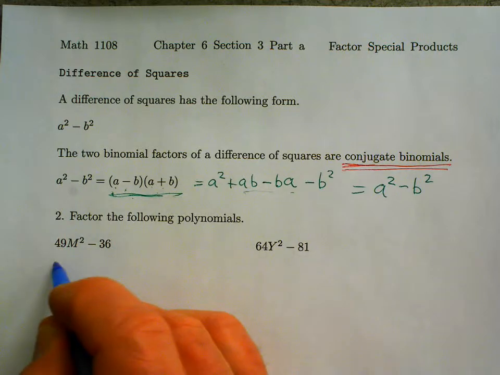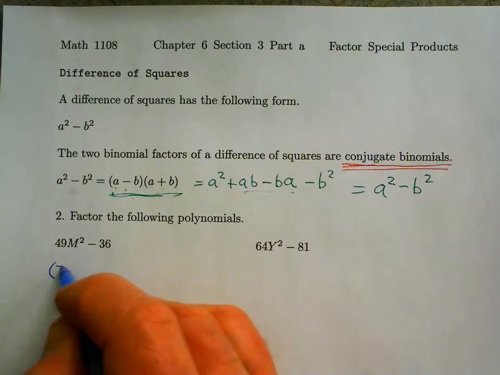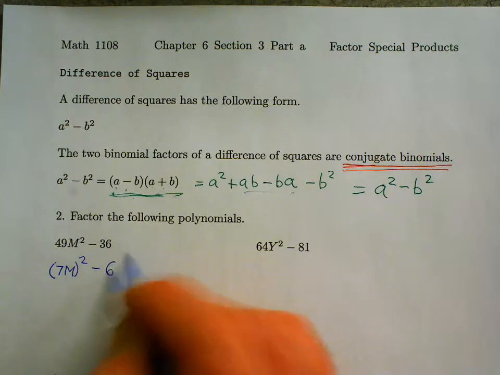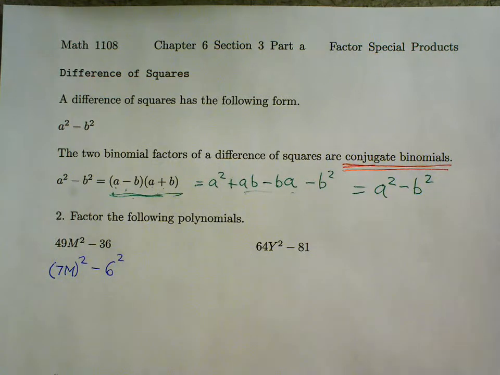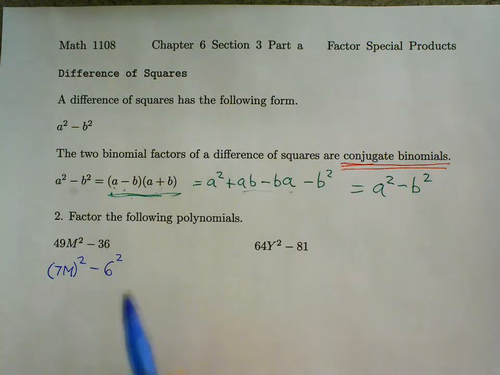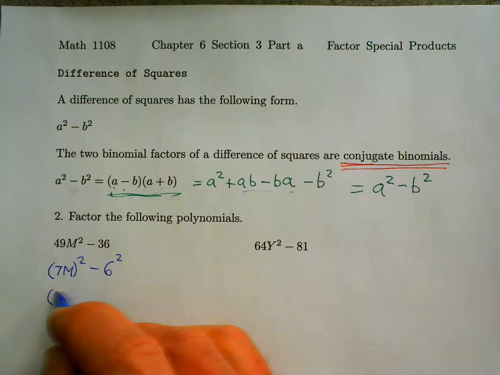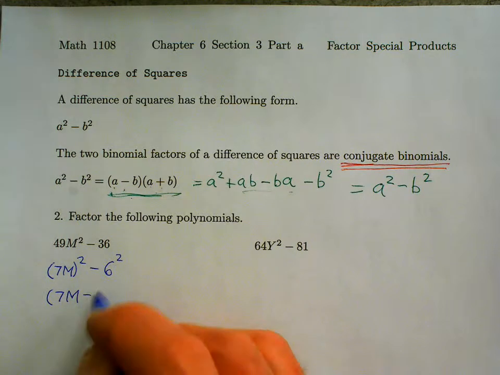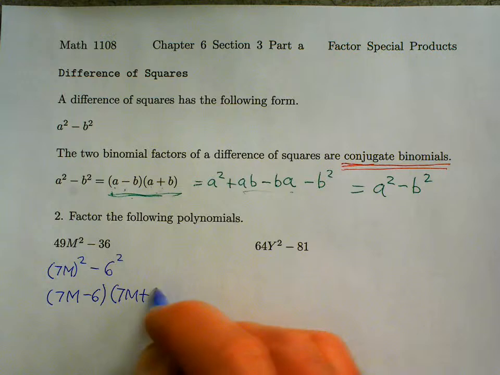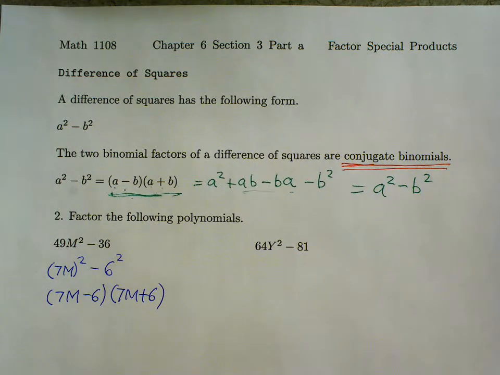So we can think of this as the term 7m to the second minus 6 to the second. So it's more obviously a difference of squares. So the two factors are 7m minus 6 and 7m plus 6. And that's all. That's all we have to do on that one.